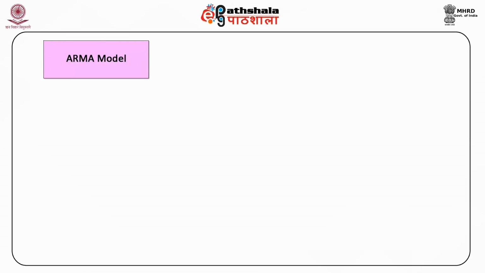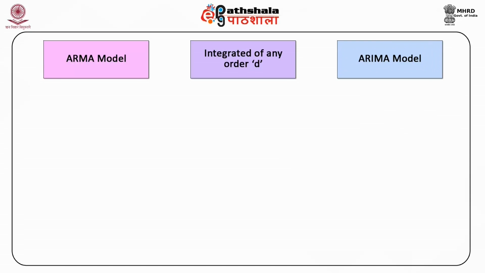An autoregressive moving average, that is ARMA model, when integrated of any order, say d, will become an autoregressive integrated moving average, that is ARIMA model. So it becomes important to understand the meaning of integrated stochastic process.